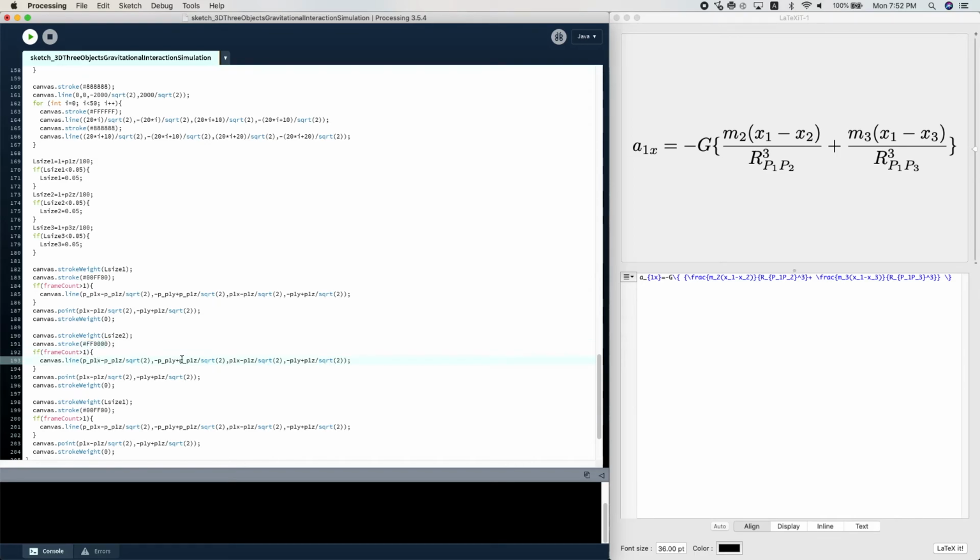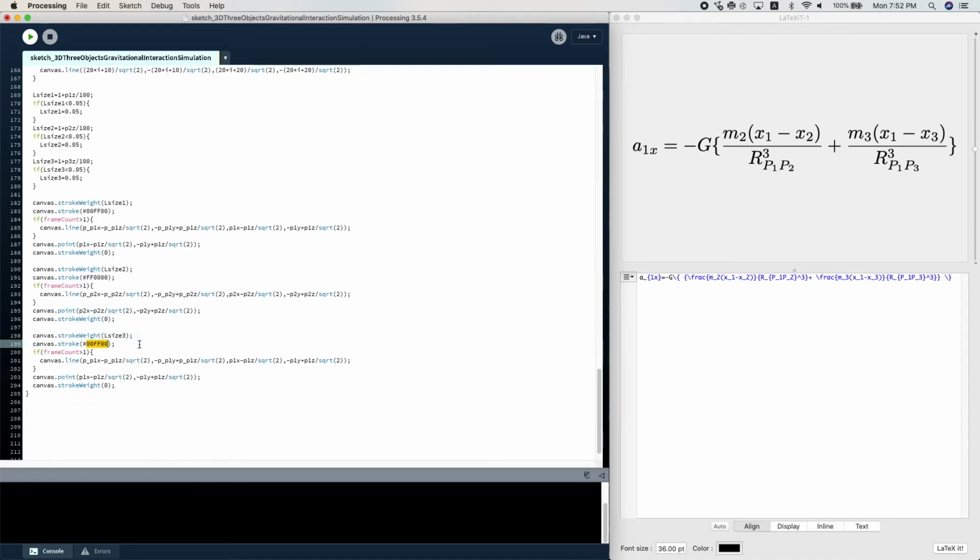And all we have to do is change all of that from P1 to P2. Yeah. And for L size 3, we know that that's going to be RGB, so blue. And all of them would be given a value of 3.